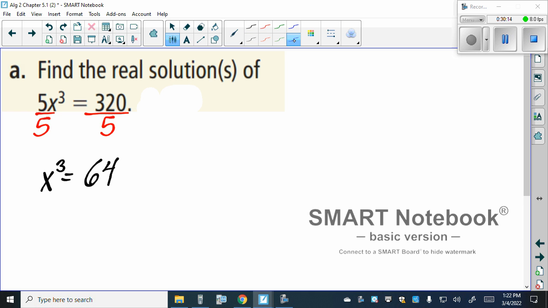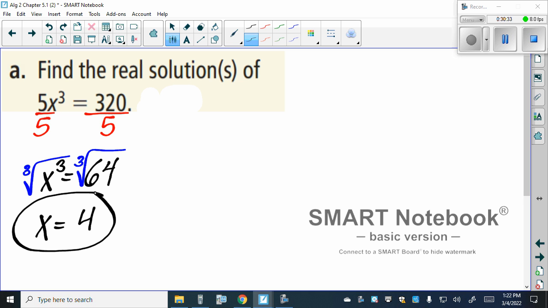And lastly, we need to cube root both sides. And if we take the cube root of x to the third, we get x. And the cube root of 64 is 4, so we get that x is equal to 4.